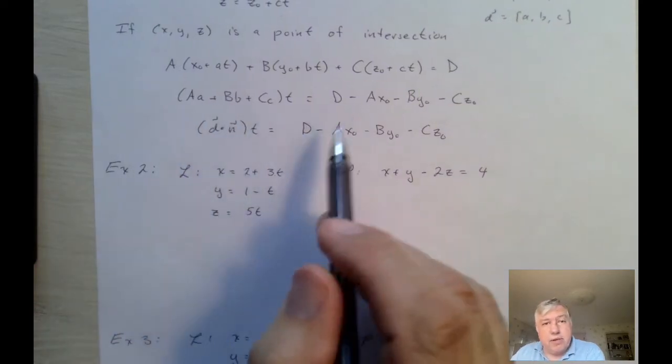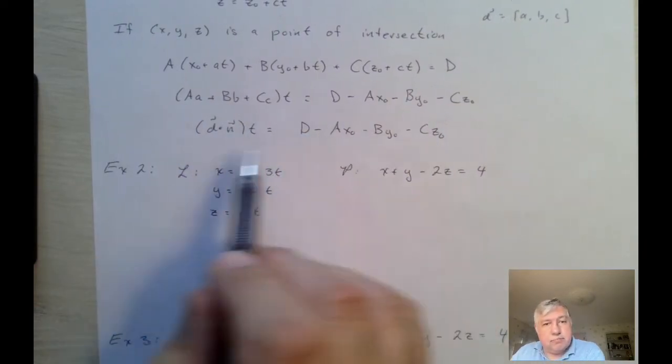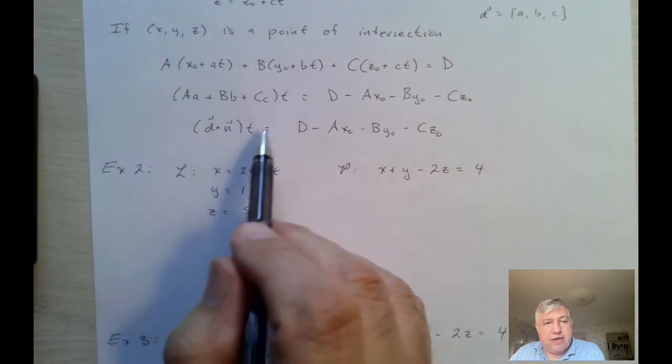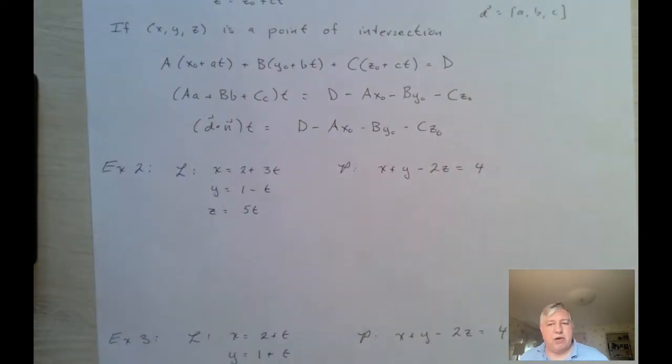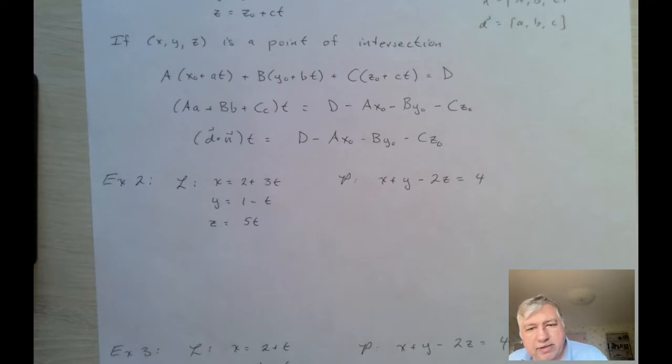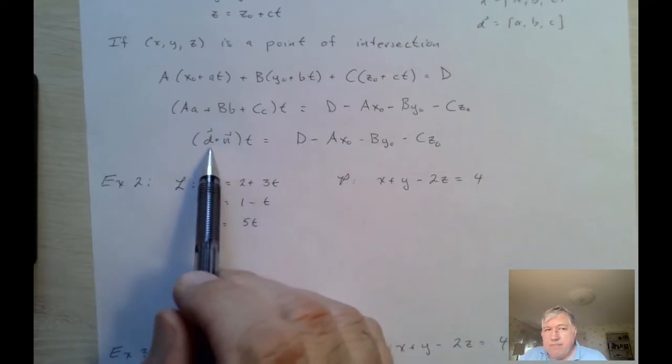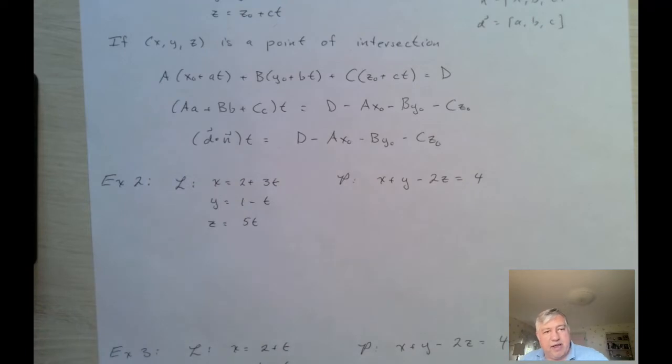If this is zero and this is zero, any value of t works, so that means that the entire line is embedded in the plane. So basically, that's why, if this dot product is zero, that is, if d and n are orthogonal, then there's no intersection, or the line is embedded in the plane.